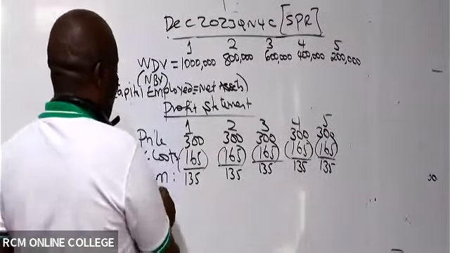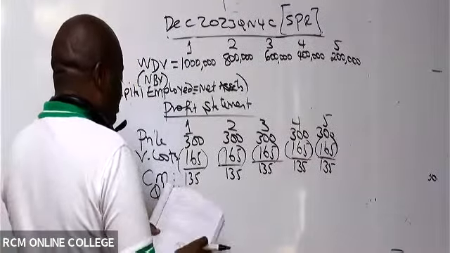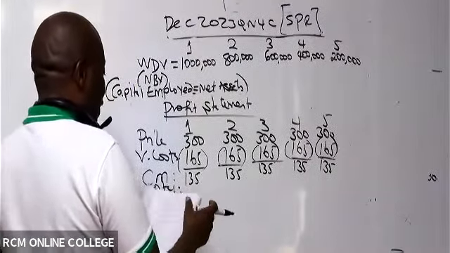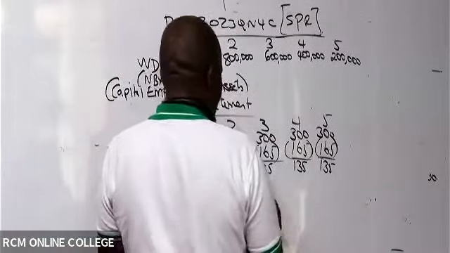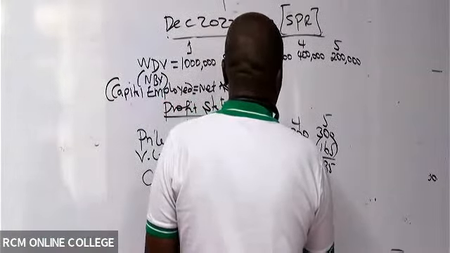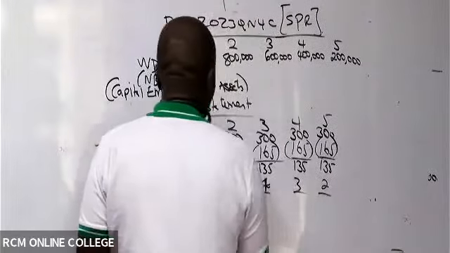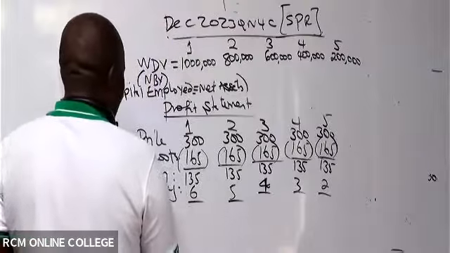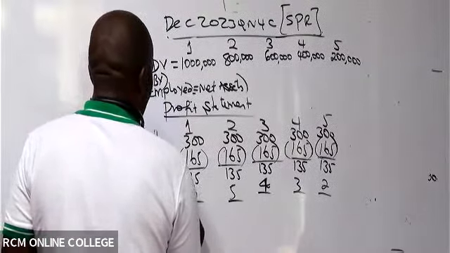So in this case here, they have told me to come and put quantity here. So quantities, I can see the quantities for the respective years. I can have this in thousands as well: 6, 5, 4, 3 and 2. And they have told me to go ahead and multiply to get what we call total contribution.